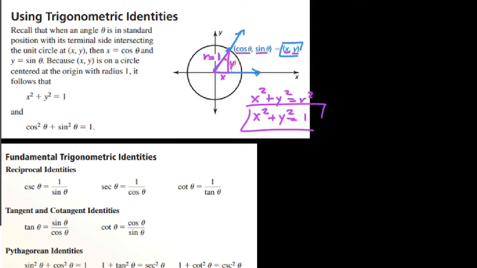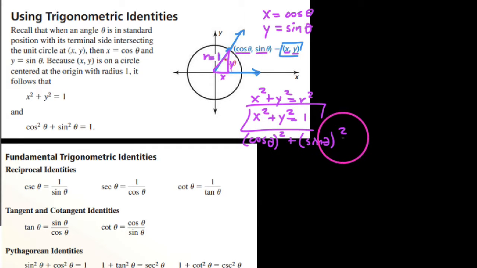The substitution I'd like to make is this: because on the unit circle the x values are the cosine of the angle, and the y values are the sine of the angle, we could substitute cosine theta squared instead of x squared, and sine theta squared instead of y squared, and this would be equal to 1. Another way of writing cosine squared and sine squared would be as you see them over here.